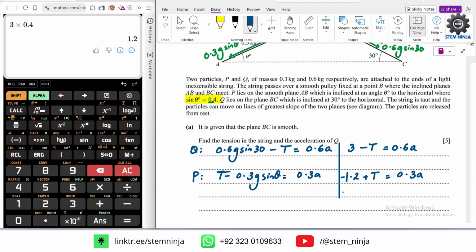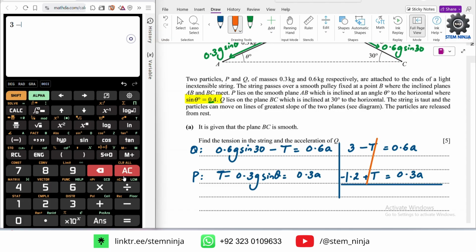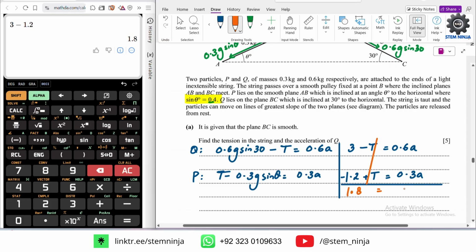Okay, so now we can solve the two equations simultaneously. So T cancels out. 3 minus 1.2, 1.8 equals 0.9a. So a is basically just 2.